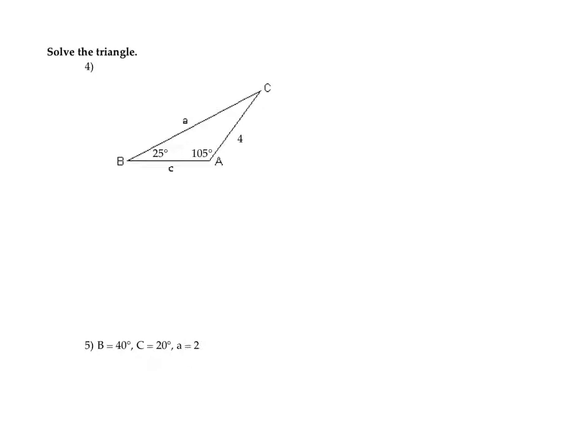We're now going to be looking at some of our oblique triangles, triangles that are not right. In this particular case, notice we are given an angle and a side, typically referred to as a side angle problem. That's a law of sines.